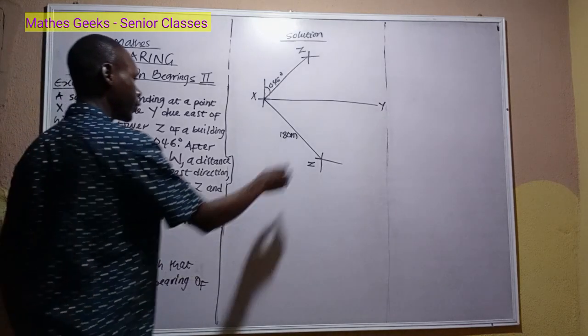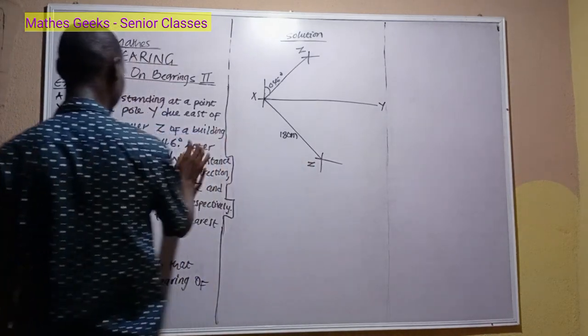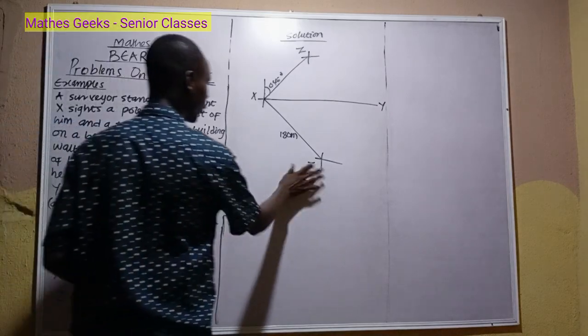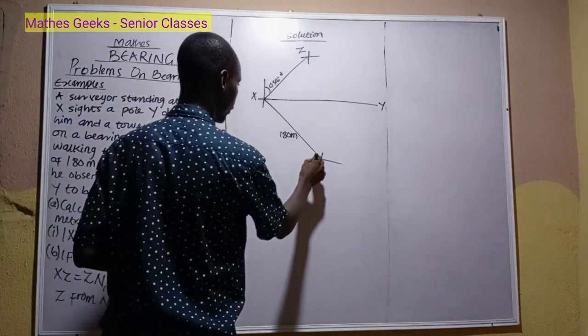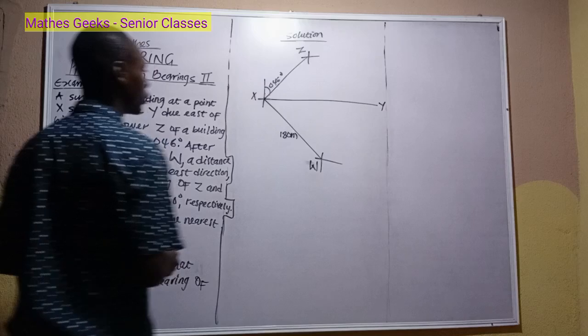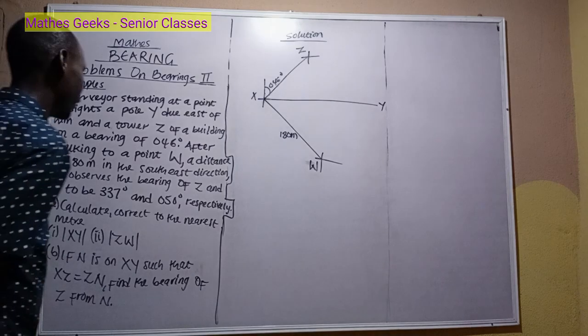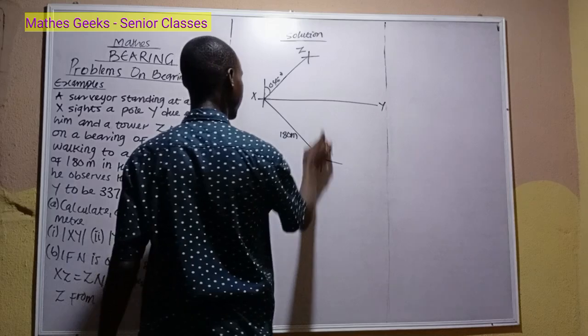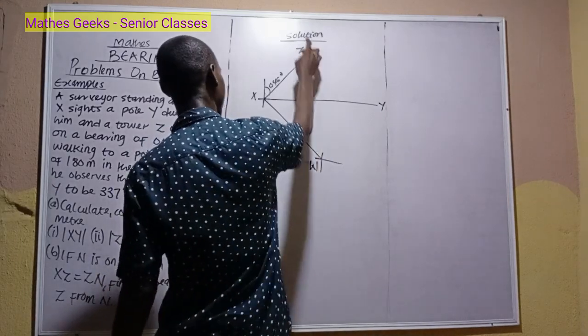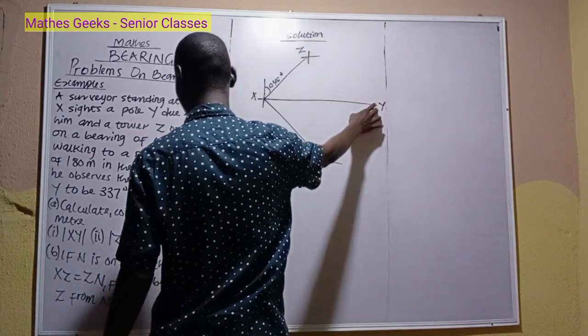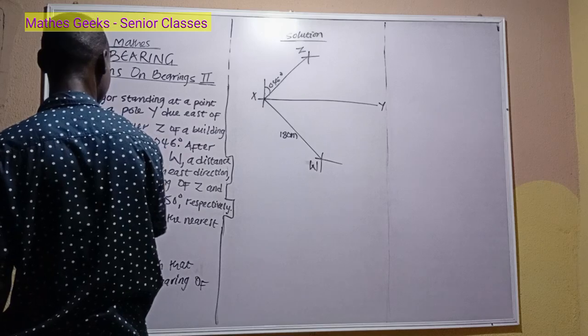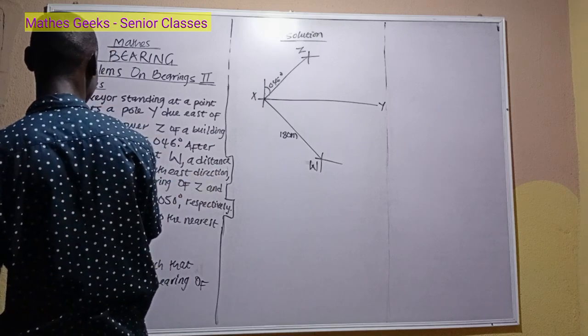After walking to a point W, so this is W, a distance of 180 meters in the southeast direction, he observes the bearing of Z and Y to be 337 degrees and 050 degrees.